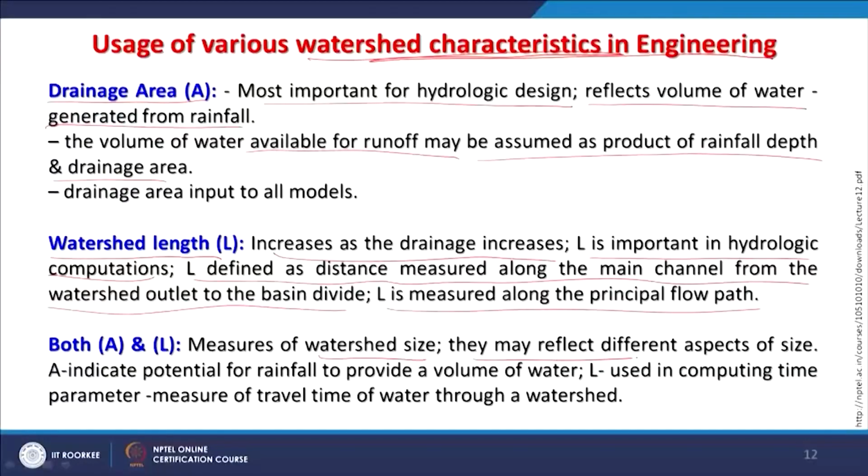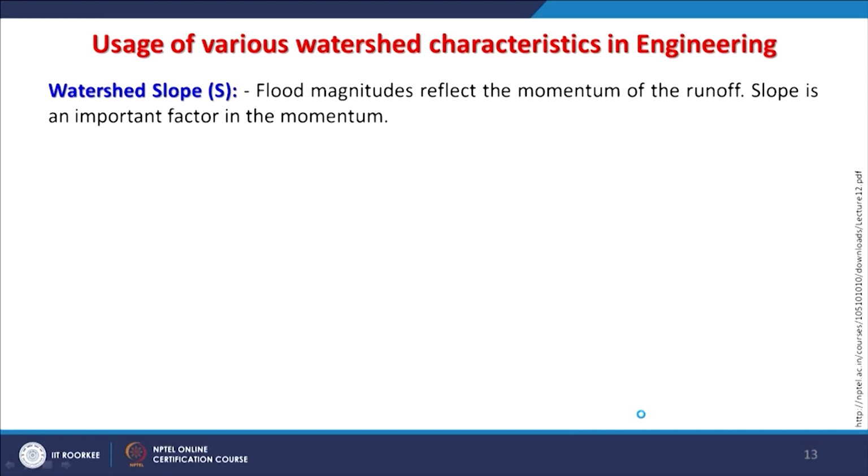Both A and L measure the watershed size, but they may reflect different aspects of size. A delineates the potential of rainfall to provide a volume of water. L is used to compute the time parameters, a measure of the travel time of water through a watershed.